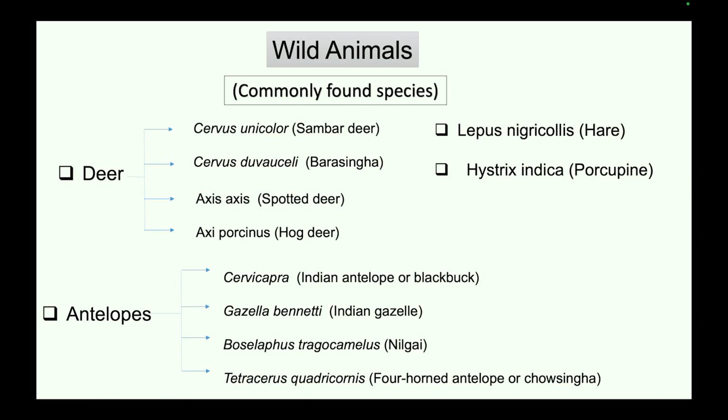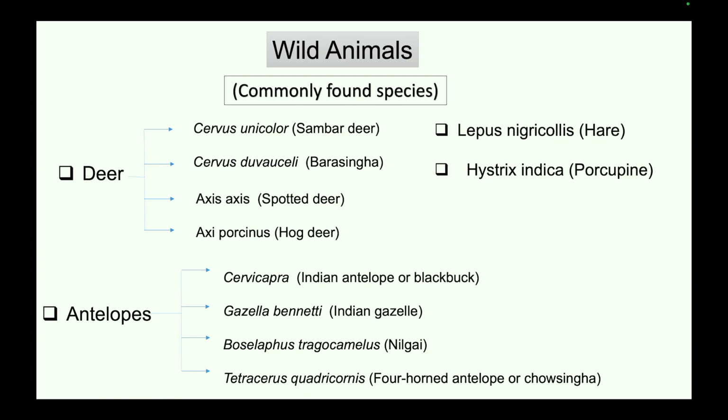Now the category of wild animals. Commonly found species are deer: Cervus unicolor, the sambar; Cervus duvaucelii, the barasingha; Axis axis, the spotted deer; and Axis porcinus, the hog deer.